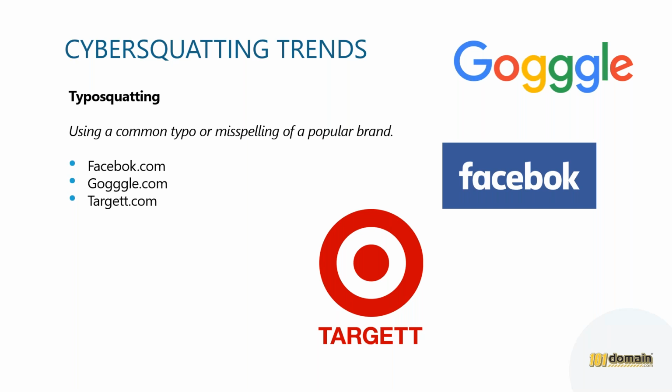Very easy to pick up and very easy to abuse because, you know, I'm sure you've been in a hurry and you've typed into your address bar a misspelling, and that's what these typo squatters are banking on. So they'll set up a mirrored site that you're so busy you don't even realize that you're on.